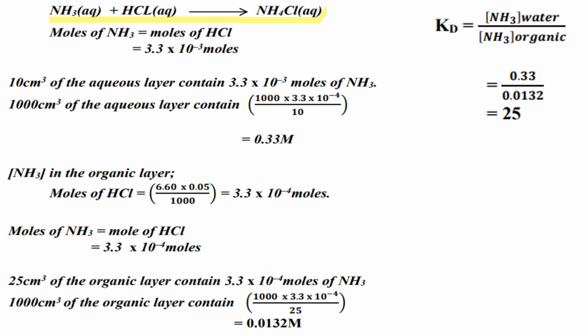So how can we get the number of moles of ammonia in the aqueous layer? Since the mole ratio is 1 to 1, the moles of ammonia that reacted are going to be the same number of moles of HCl that reacted. So that means that 3.3 exponential negative 3 moles of ammonia are present, or they are the moles that reacted.